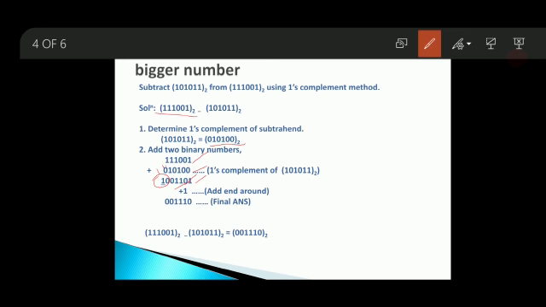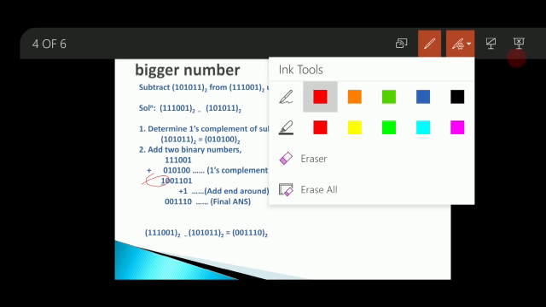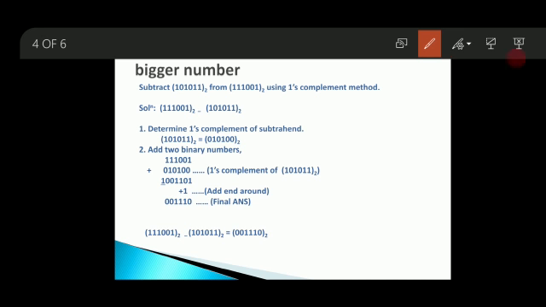So in this addition, a carry is produced. This carry is called the end around carry. You know the third procedure: if a carry is produced in the addition, you have to add that carry to the least significant bit of the sum.